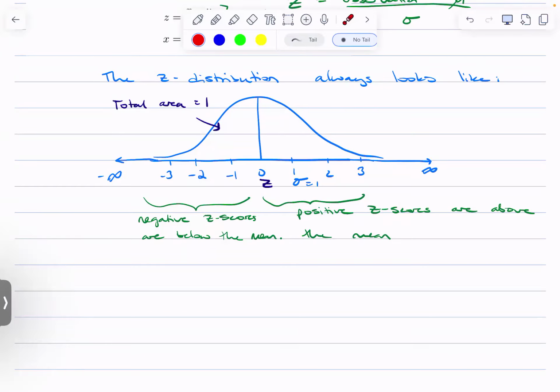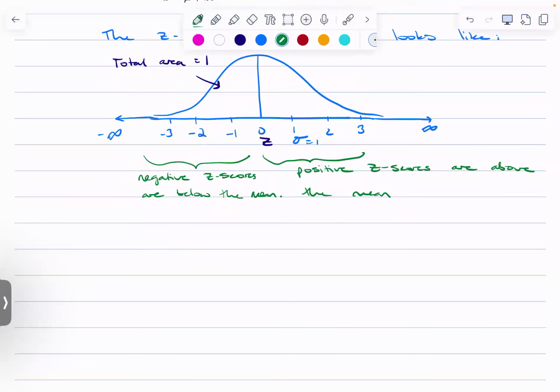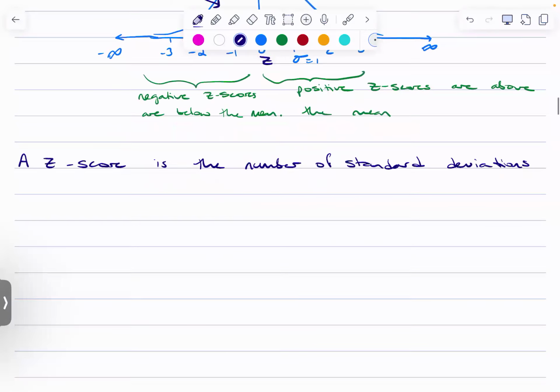So a Z score is the number of standard deviations an observation, and we just use the shorthand of X, so I'll put the observation X in brackets.